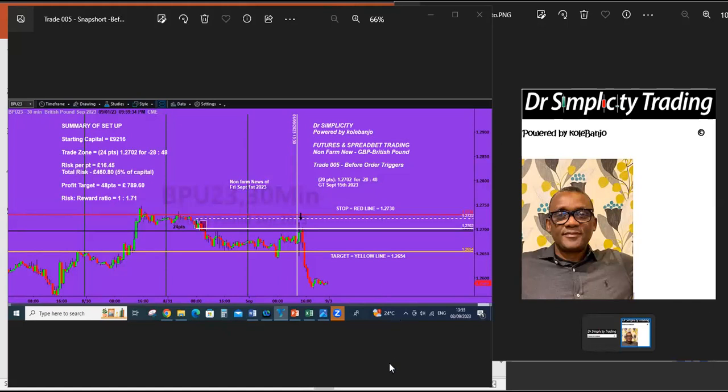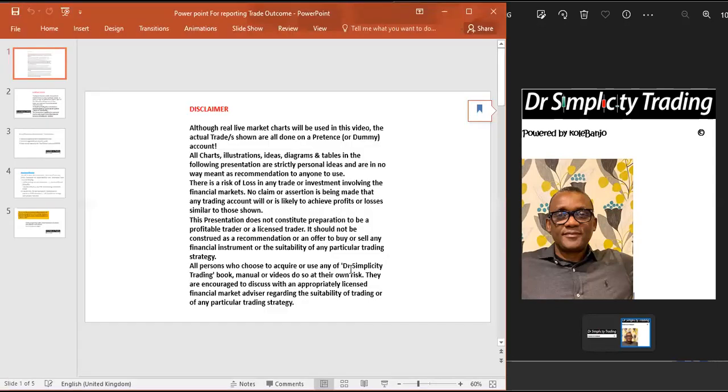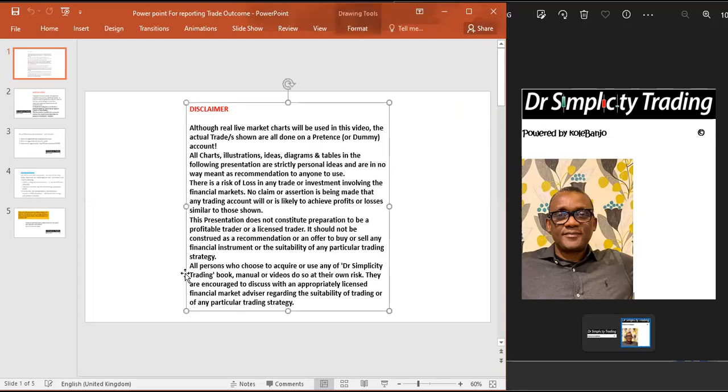Before we delve into it, it's good to remind ourselves of what this is all about. First, the disclaimer, as you can see on the screen there, all summarized in the last paragraph. All persons who choose to acquire or use any of Dr. Simplicity trading book, manual, or videos do so at their own risk.